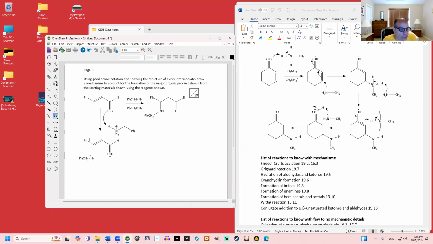We'll start our electron flow at the electron pair on nitrogen that will attack the beta carbon. Those electrons shift in between the two carbon atoms, just like over here. And then we break the carbon-oxygen pi bond and put the electrons on oxygen to get rid of the plus charge.